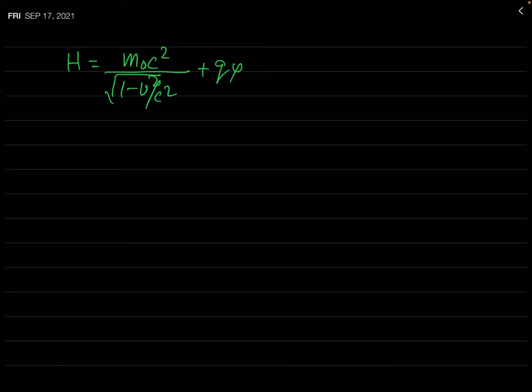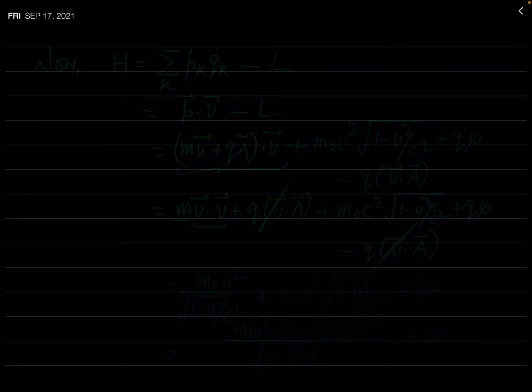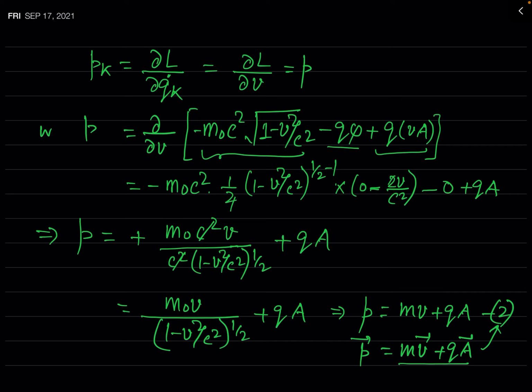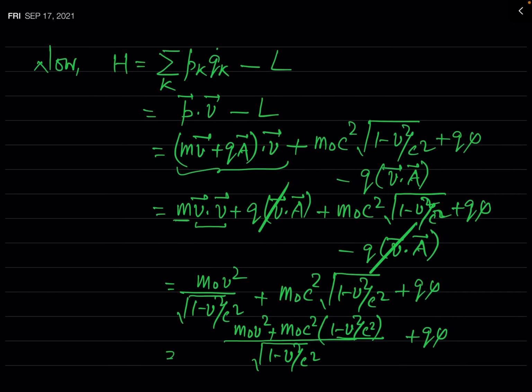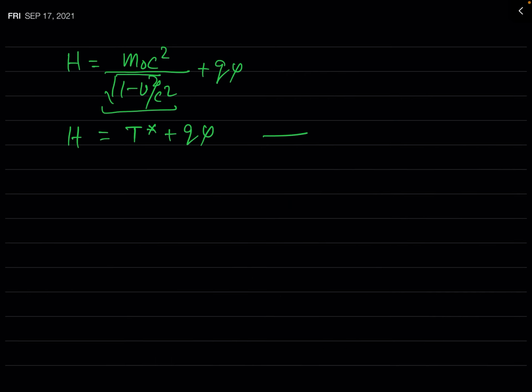Now we have to find the expression for this term, and let us say symbolically that H is equal to T star. I denote this energy term by the symbol T star, plus q phi. And what will be the equation number? You can see this is 3.